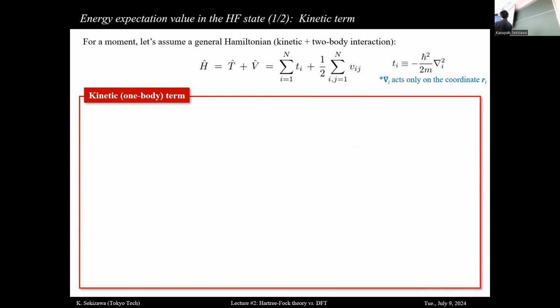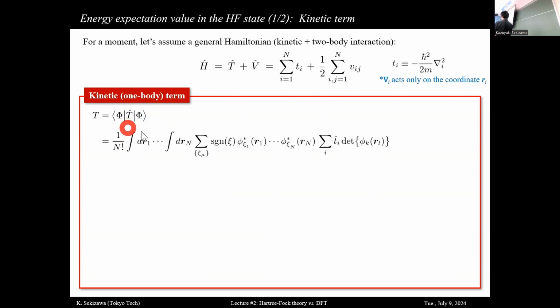So first, let us see how to calculate the kinetic term. This is the kinetic expectation value of the kinetic energy operator here, by the Slater determinant. In the second line, I just put the definition of the Slater determinant.